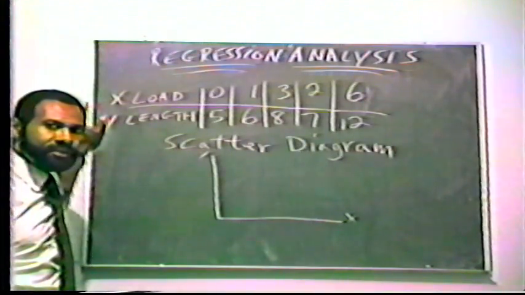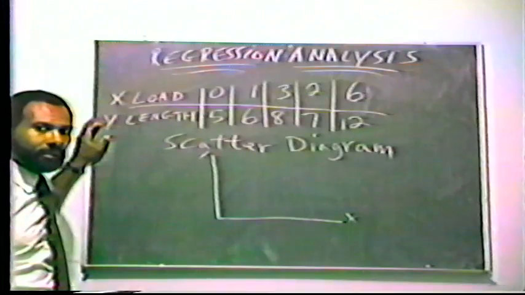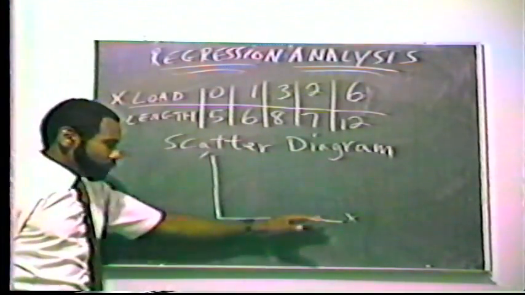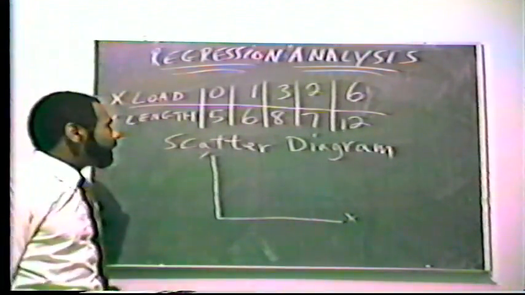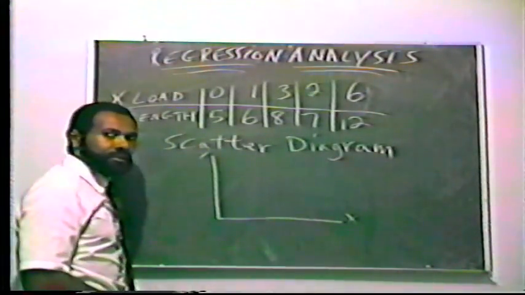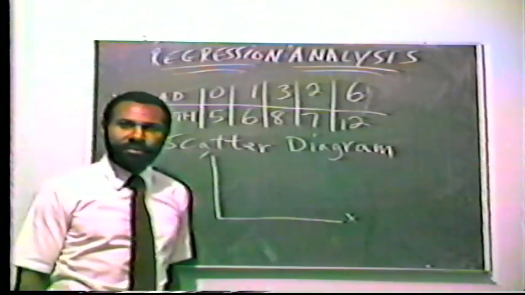X represents the independent variable, y represents the dependent variable. Now, the load we will put on the horizontal axis. The load goes from 0 to 6, so we need to at least go up to 6 on the horizontal axis.